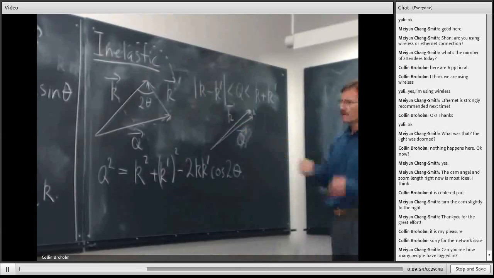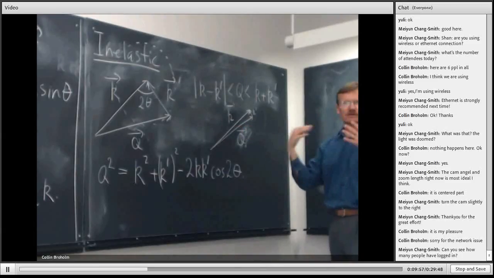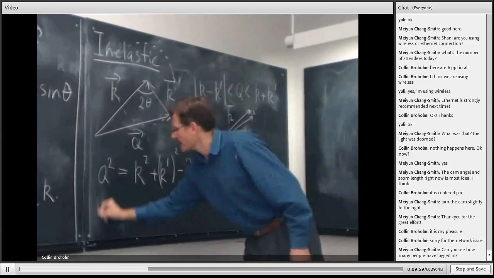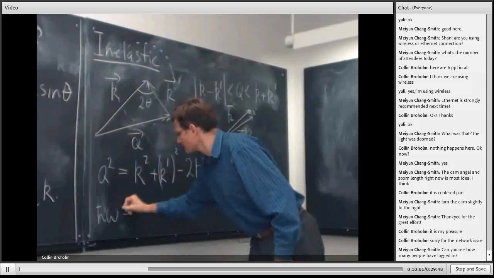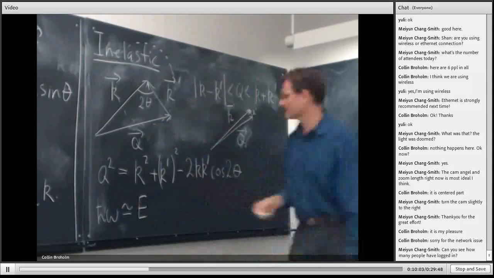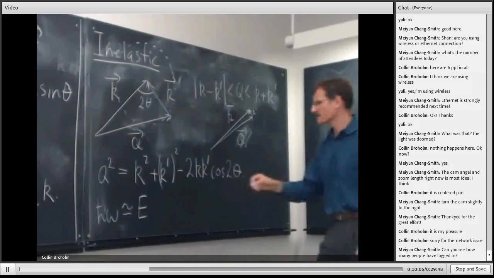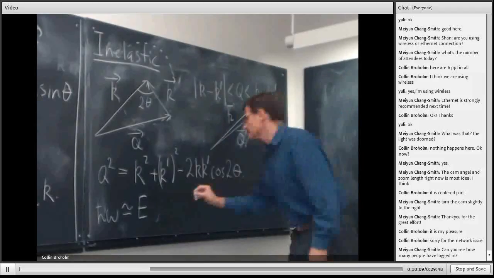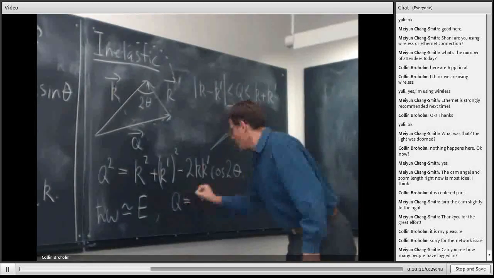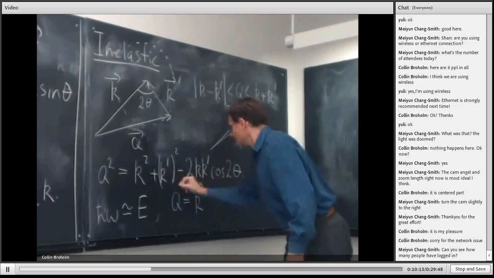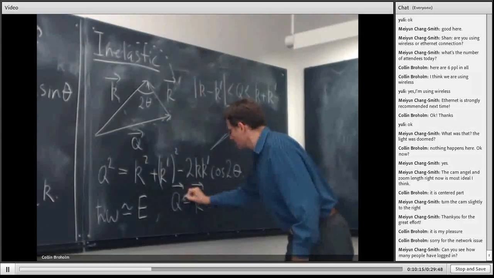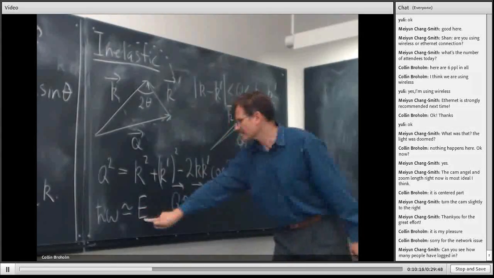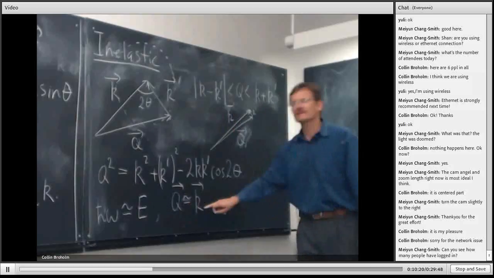So in a very strongly inelastic process in which h bar omega would be approximately equal to E_i, or approximately equal to the energy of the incident neutron, then not only do I transfer all of the energy to the sample, but necessarily I also transfer all of the incident momentum to the sample. So I can say when h bar omega is approximately equal to E_i, then Q is approximately equal to k.